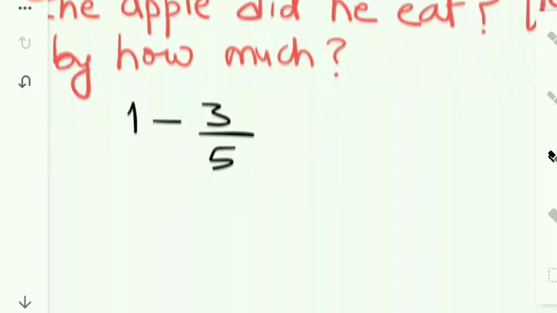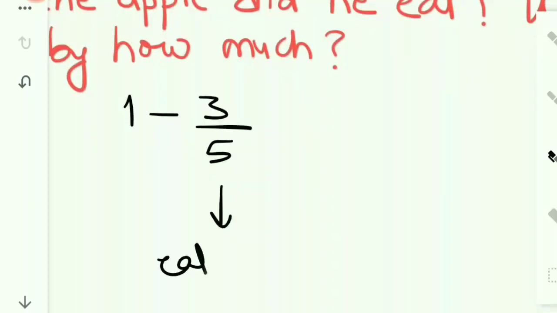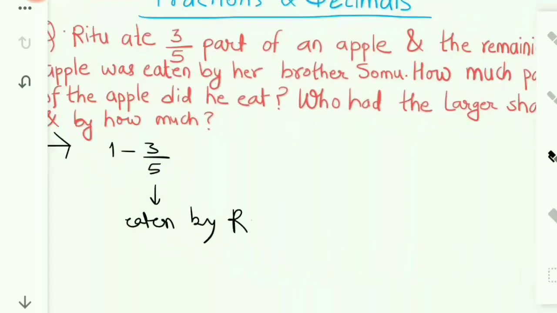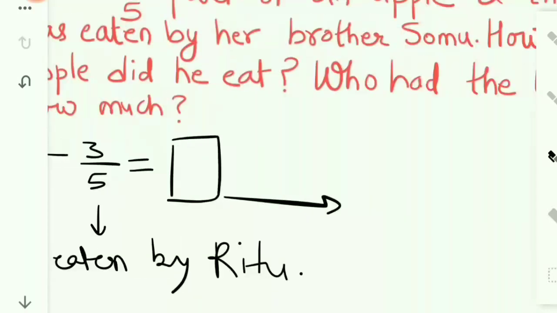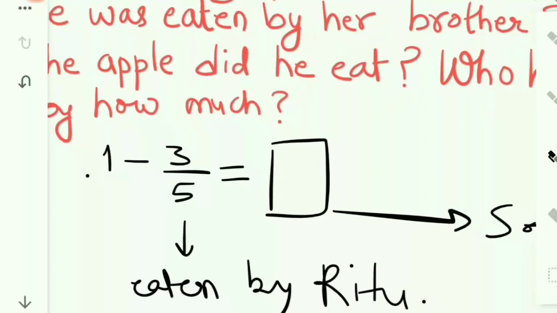This is the part eaten by Ritu. Okay. So this remaining part will be 1 minus 3 by 5. This much part will have been eaten by her brother Somu. Right? Let's find how much part did Somu eat.